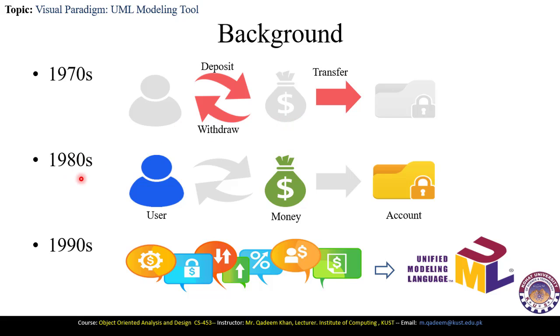Now in the 1980s, the users can deposit money and also withdraw money, and there were accounts as well. So the account system was properly maintained at that time, and some small software enabled the users to perform certain transactions.